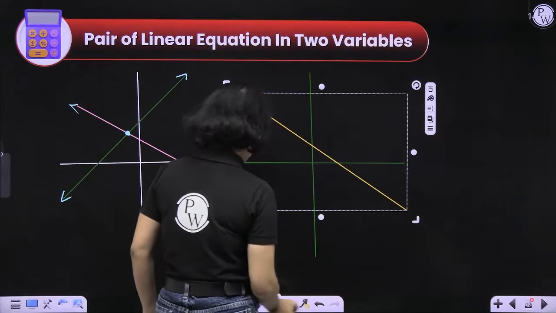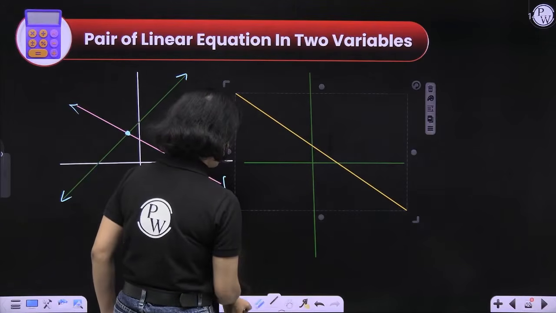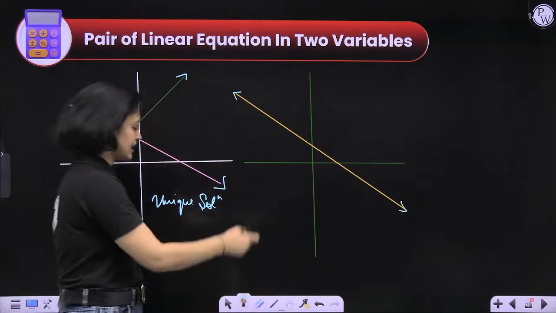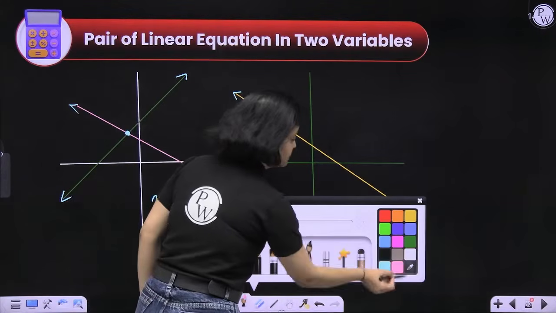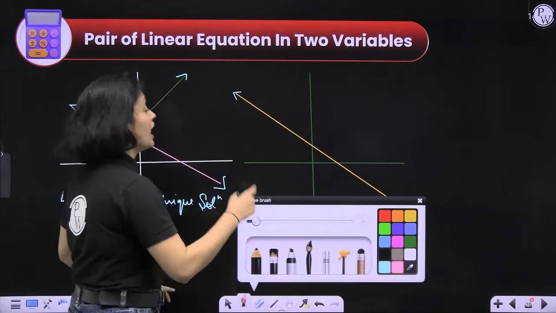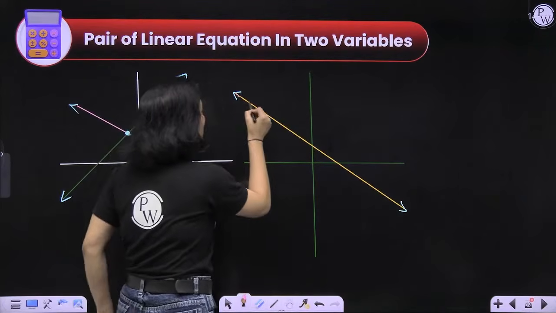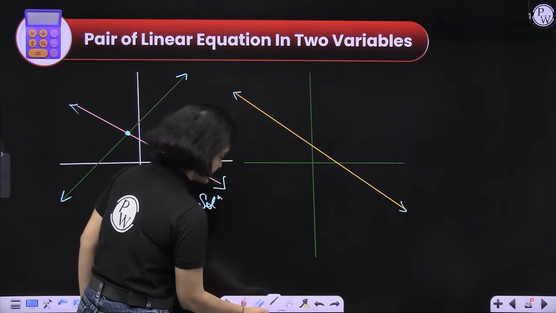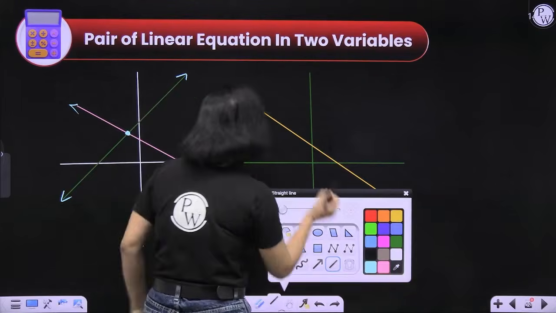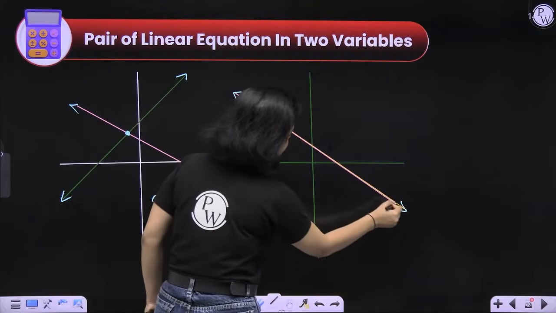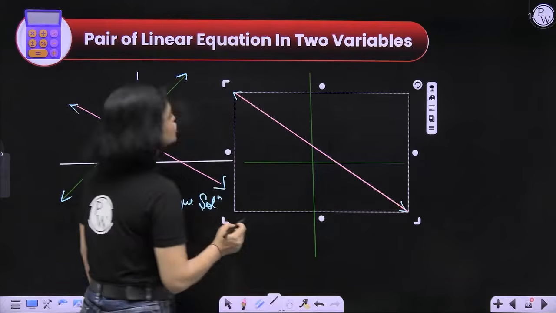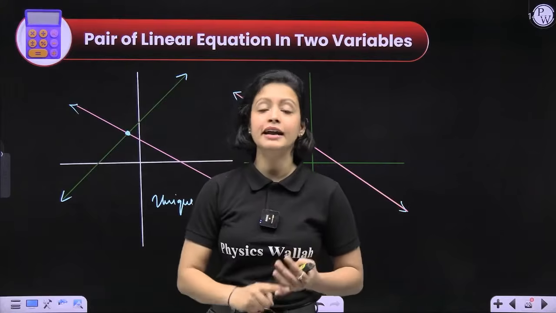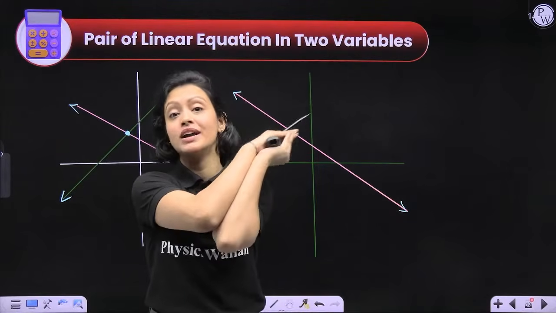Okay, now let's move on to the second case. It would look something like this: you have the equation of a line like this, and you get another line's graph exactly overlapping the first one. So here what is happening, everyone? We got two lines, but both of the lines are exactly overlapping each other.